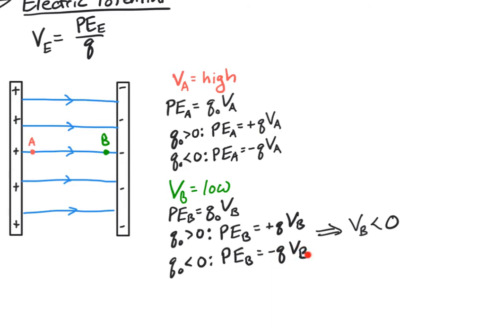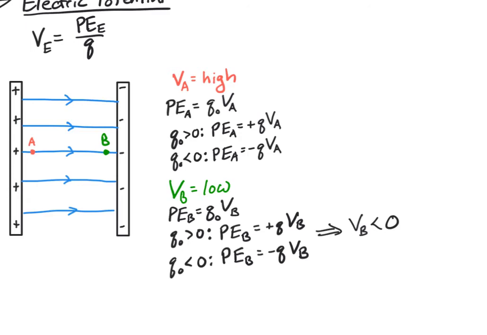And so we have a positive amount of potential energy. And so at point B, our positive charge has negative potential energy because VB is negative, and our negative charge has positive potential energy because it's a product of two negative numbers. And so it works out as long as this is true.